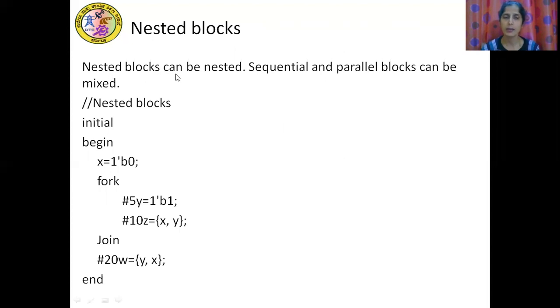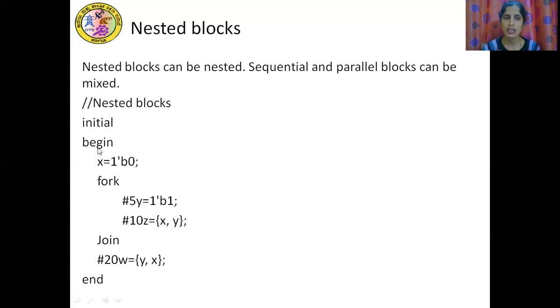We have come to know about a sequential block and a parallel block. Nesting of blocks means mixing, or nothing but nesting, both sequential and parallel blocks.